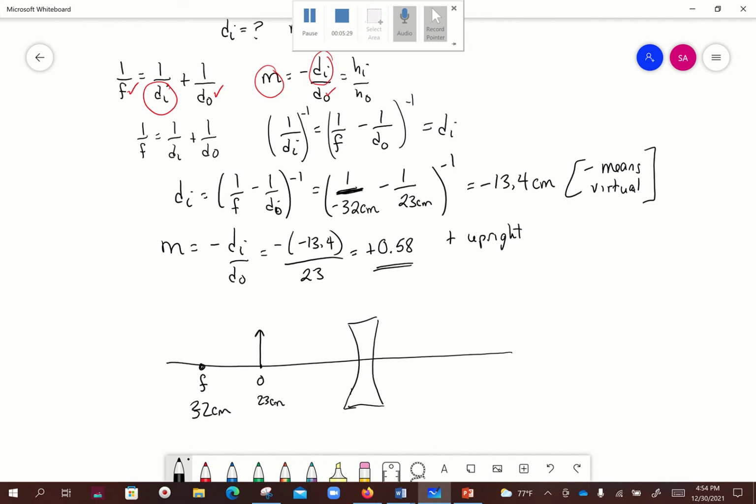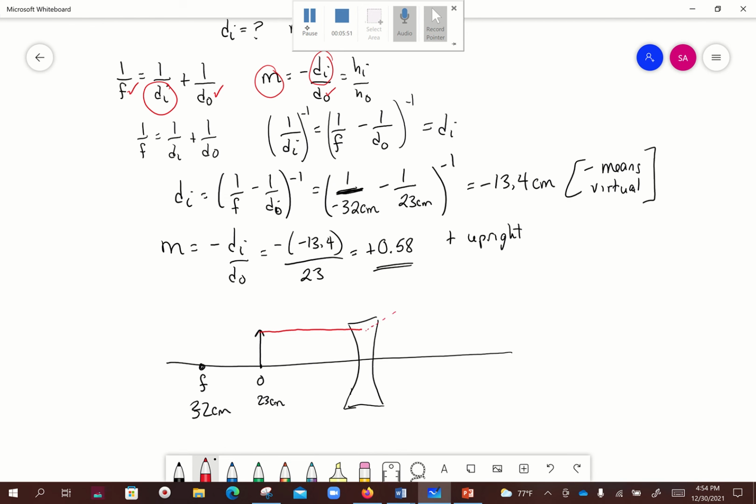And now I want to draw a picture and draw my special rays. So the first ray, the most simple one that I always draw, comes in parallel, and then it gets refracted.